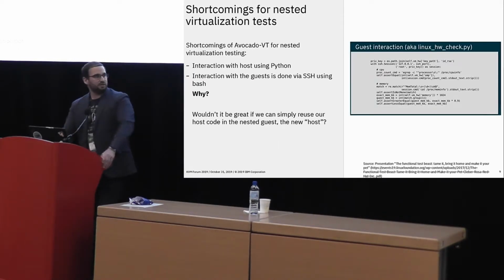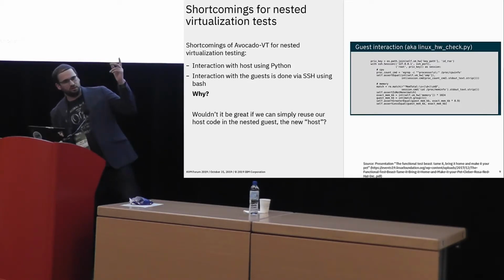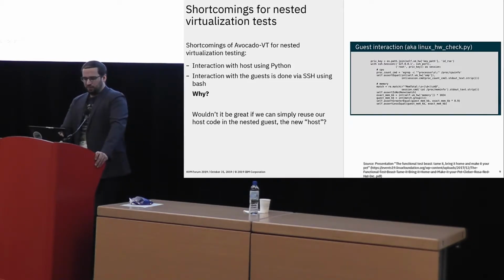So I've looked into Avocado VT in more detail, and I hope you can see that on the right side. There's an example slide from last year's presentation, the functional test beast. If you can read it, the interaction with the host is done using Python, but the interaction with the guest is actually done using bash via SSH.